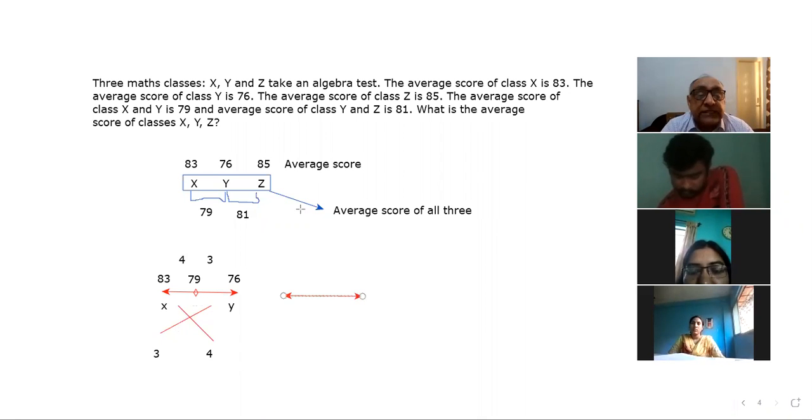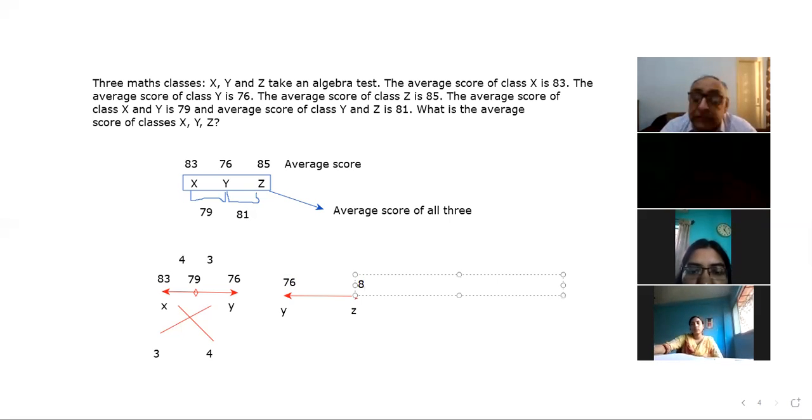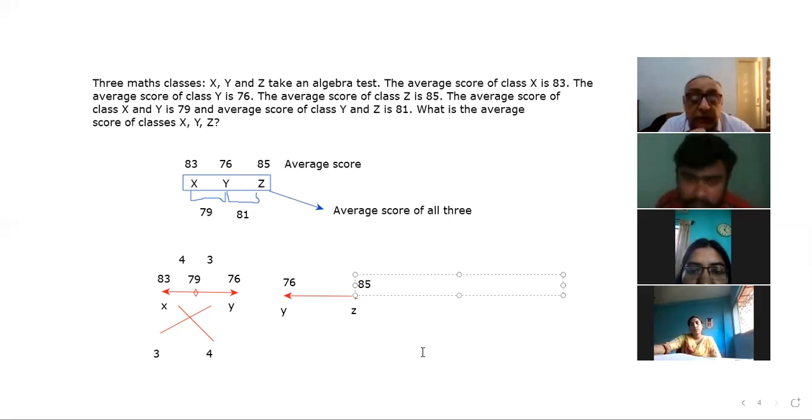The next case, let us take here Y and Z. It's given. Okay. So the average score of Y is given 76. And the average score of Z is given how much? 85. Okay.